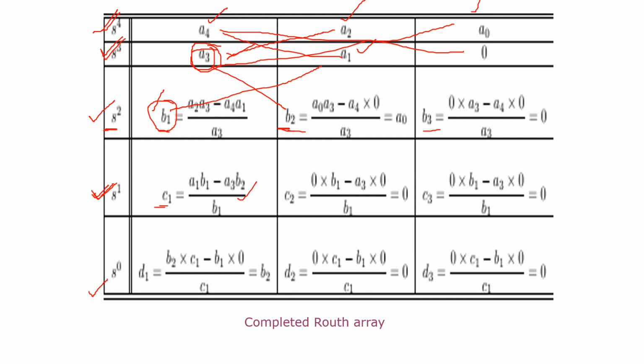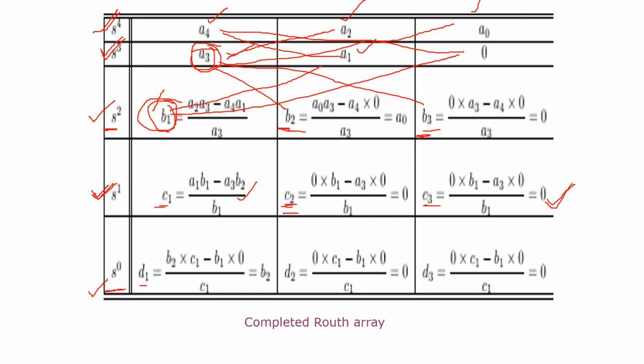Similarly, consider C2 is the second element, that is obtained by (B1 into 0 minus A3 into B3) by B1. Here B3 value is 0. So we get C2. Similarly, C3.